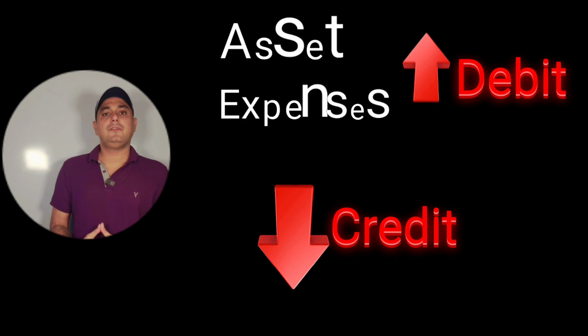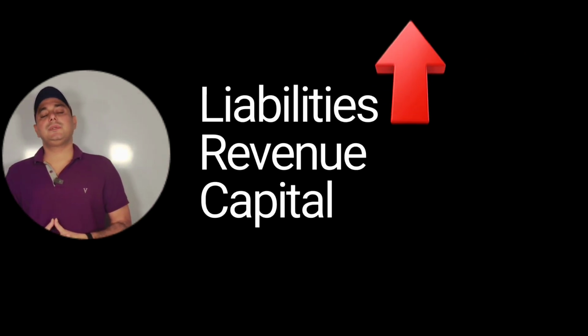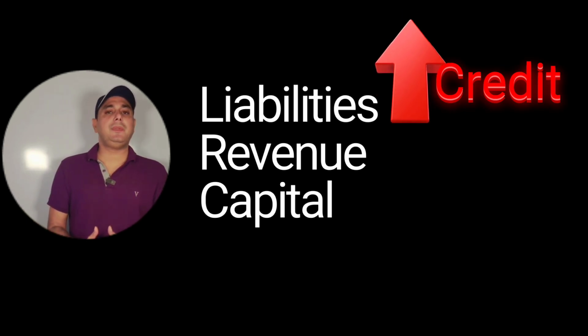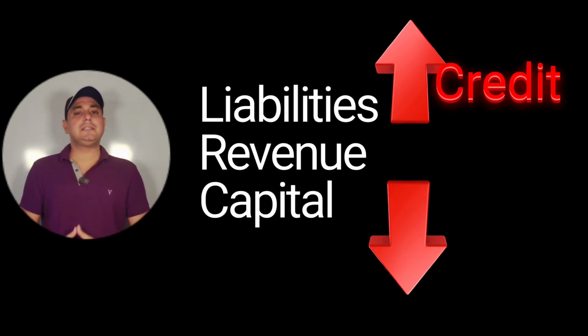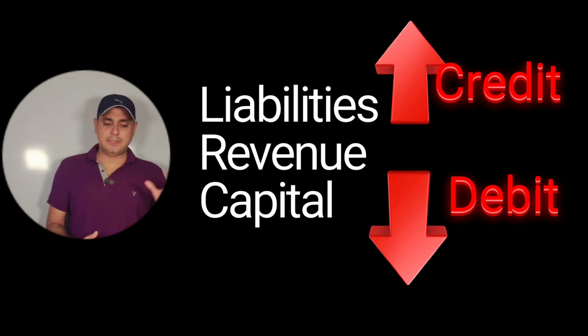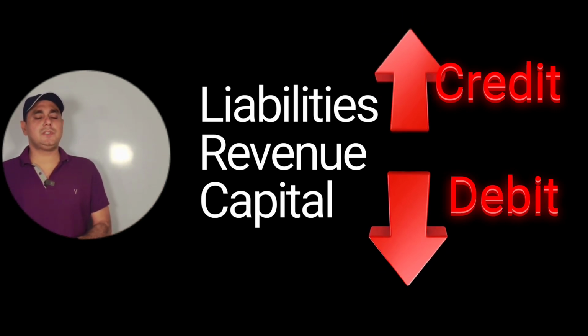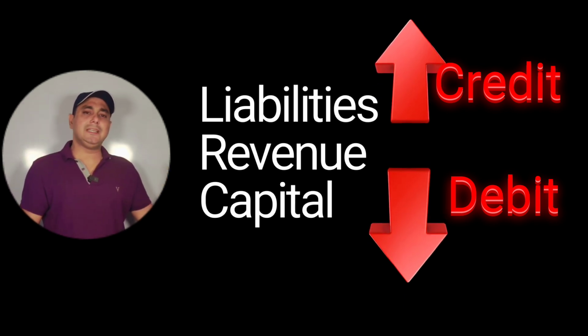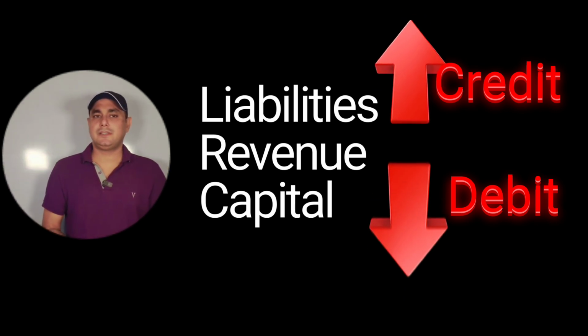In the same way, when liabilities, revenue and capital increase in the business, we credit it. When revenue, liabilities and capital decrease in the business, we debit it. These are the rules actually. You just need to identify which aspects of the transaction increase and which aspects decrease.